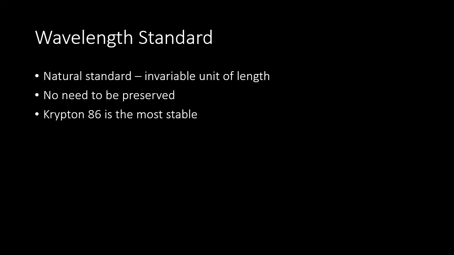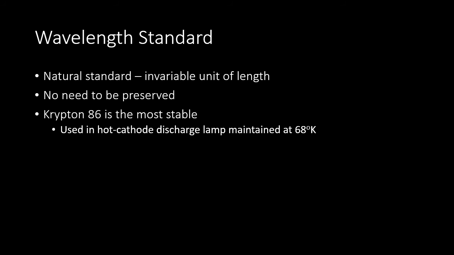Scientists found that krypton 86 is the most stable element, and hence they decided to use its radiation for the length standard. It was used in a hot cathode discharge lamp, which was maintained at a temperature of 68 degrees Kelvin, and they used the orange radiation in vacuum of krypton 86.